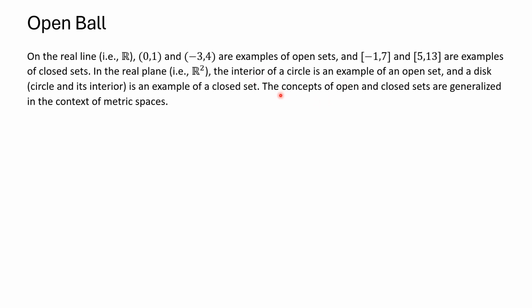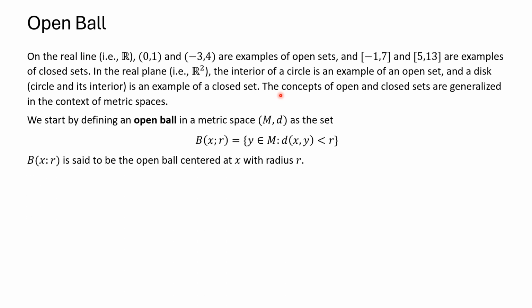We can generalize the concept of open and closed sets for metric spaces, and that's what we want to do here. We start with something called an open ball, and it's not what you think of as a ball. It could be something quite general, and I'll show you one example that doesn't really look like a ball, but we use the term open ball.